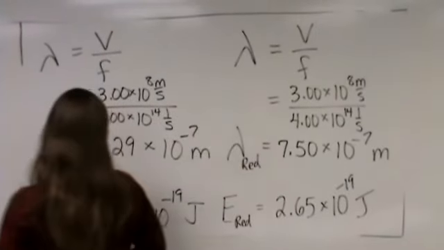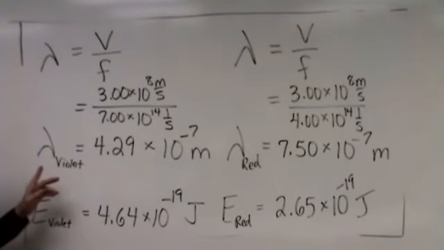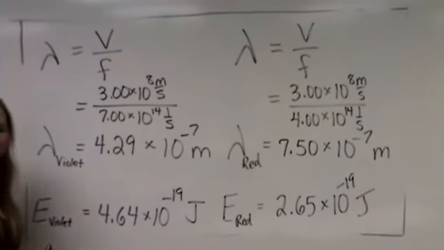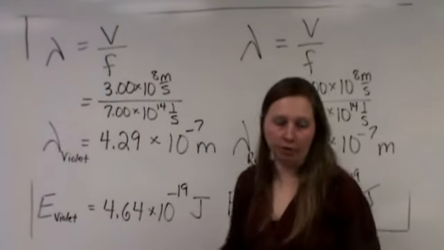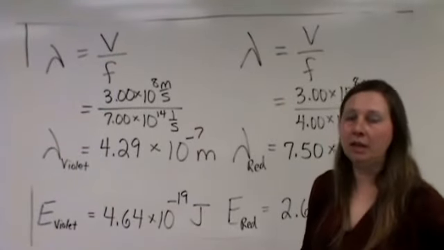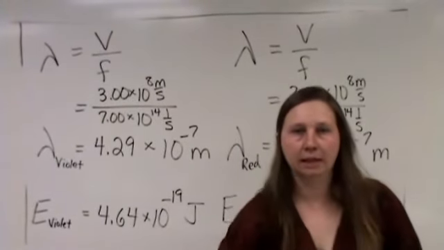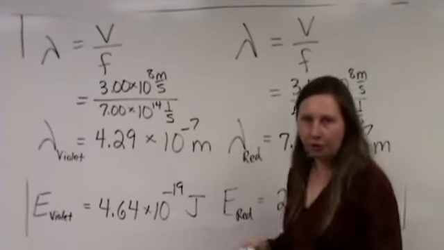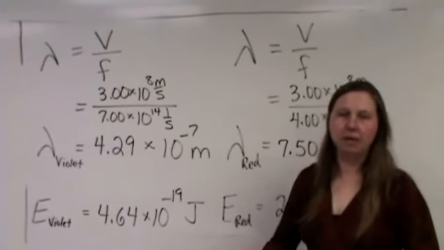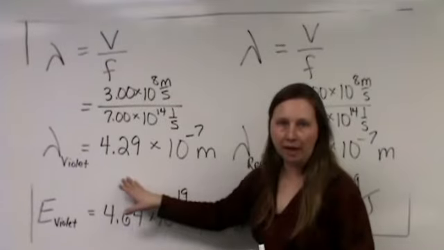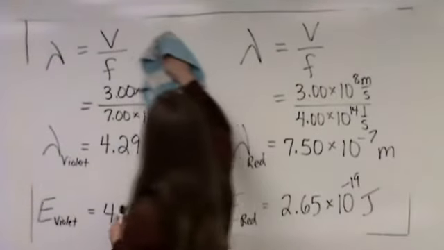Okay. Now that we have a typical wavelength for violet light and a typical wavelength for red light, let's use that other equation. Making believe that we never had the frequency, we were given this wavelength instead. Let's calculate the energy of a violet photon and the energy of a red photon using the wavelength instead of the frequency.